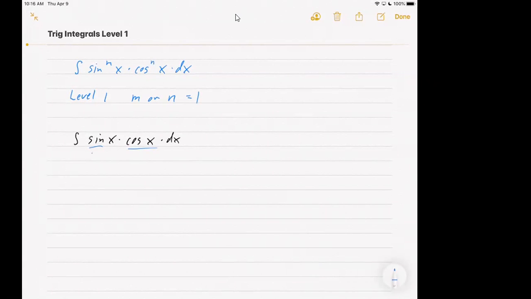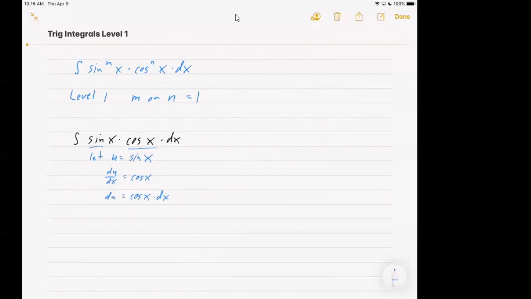Given that the derivative of sine is positive, I will let u equal the sine of x, but it really doesn't matter. That makes du dx equal to the cosine of x. So du is equal to the cosine of x dx.